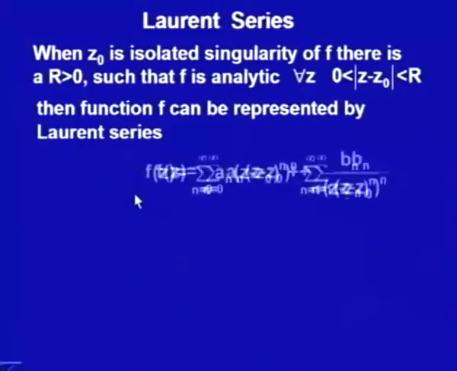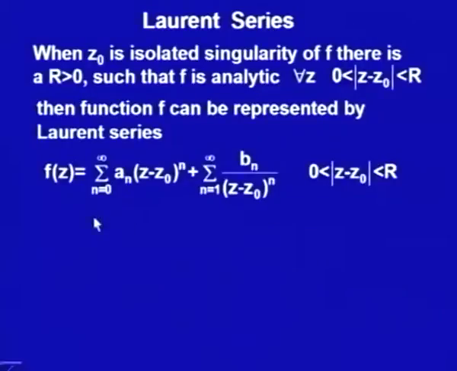What is the Laurent series? The Laurent series is that a function f(z) can be written as the summation of n running from 0 to infinity a n (z minus z naught) to the power n, plus the summation of n running from 1 to infinity b n upon (z minus z naught) to the power n, for all z lying with 0 less than mod of z minus z naught less than r, that is, in the disk.